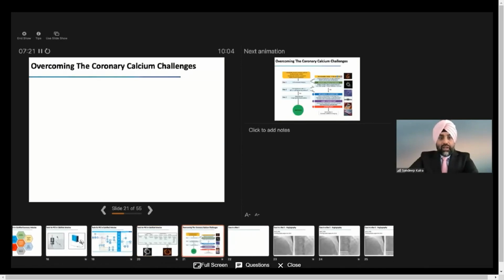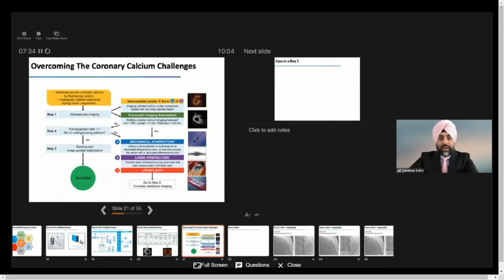So I showed a few slides ago an algorithm to try and overcome the challenges with coronary calcium and treating these vessels with PCI. Now, from the USA, SCAI have issued their workflow for trying to treat calcified vessels, and I think this is a lot easier to follow. Essentially this has formalized what a lot of people have been doing procedurally, but it is a very simplistic workflow, and I think it works well.